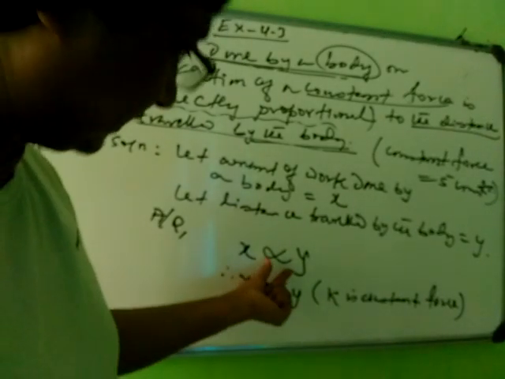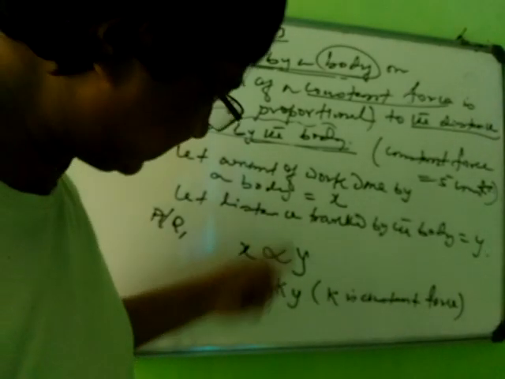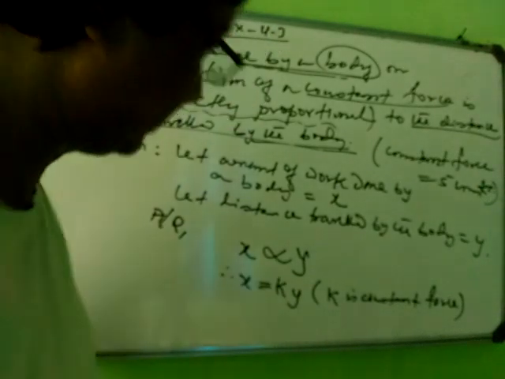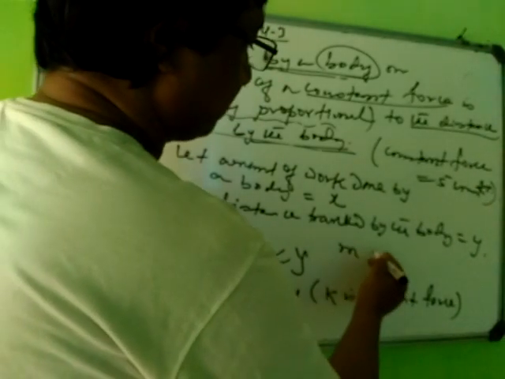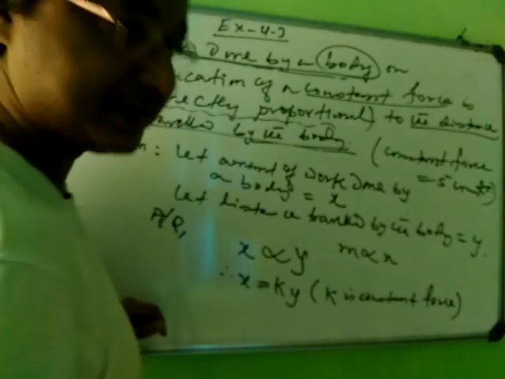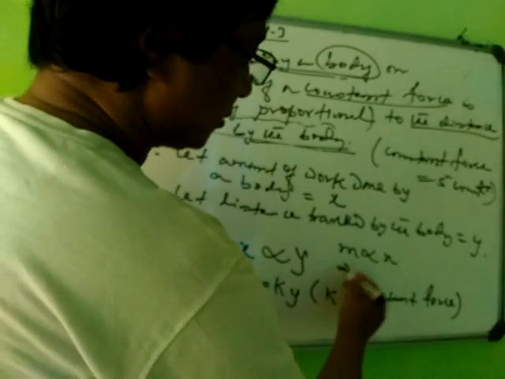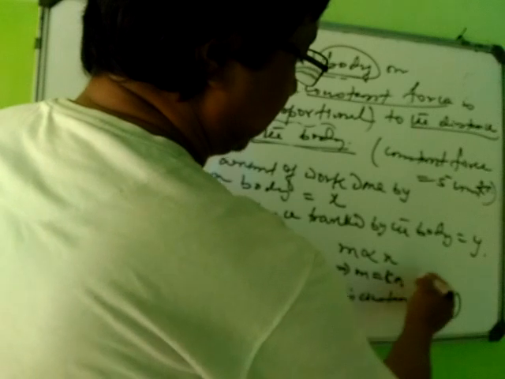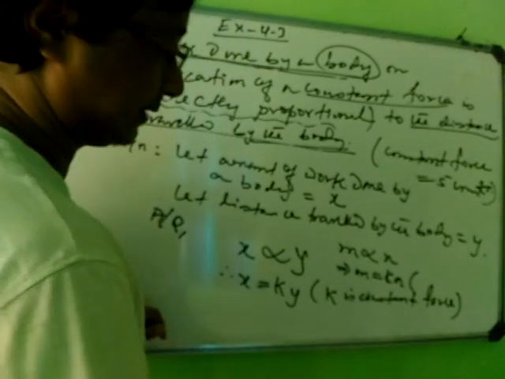Whenever you take the variation symbol, in the next line you take one constant. Supposing m is proportional to n, the next line will be m equals kn, where k is the constant.